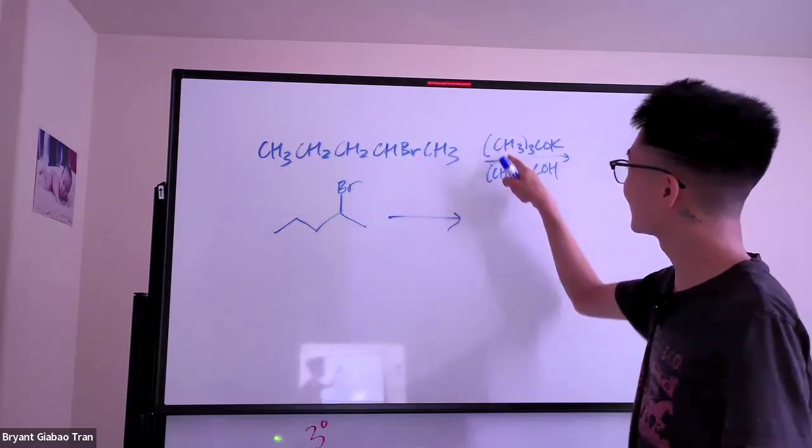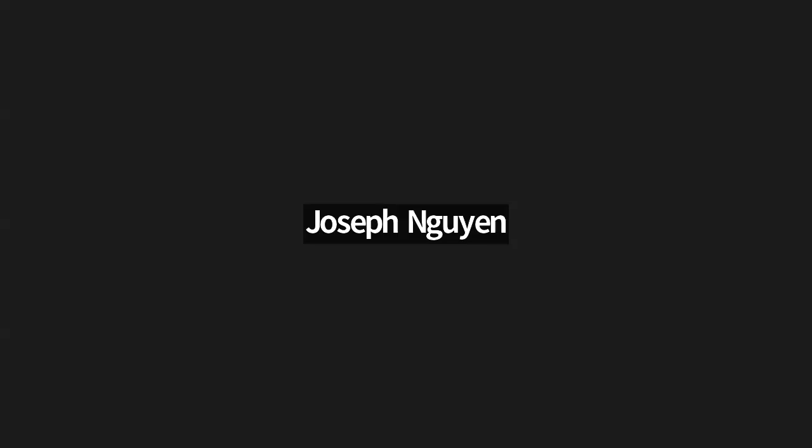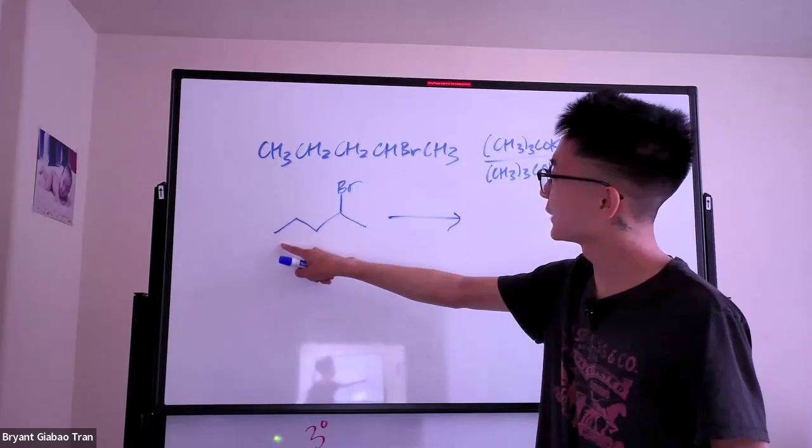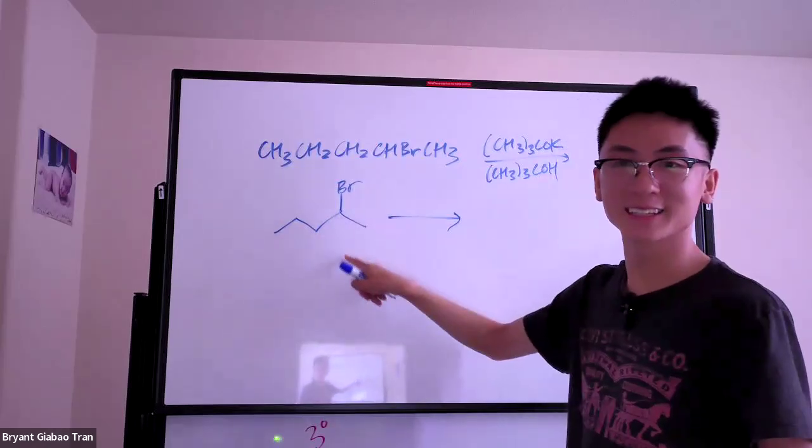Wait, 1, 2, 3. Wait, I think I need help on how to draw out the left one. Oh, this one here? No, I mean the starting material. Oh, draw this one. Wait, CH3, CH2, CH2, CHBr. Yeah, this is right. You got it.